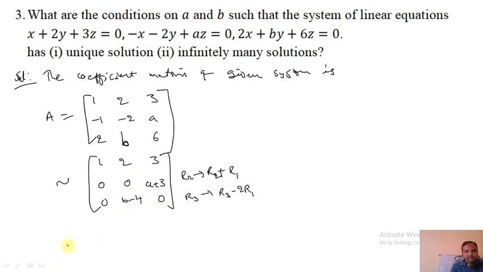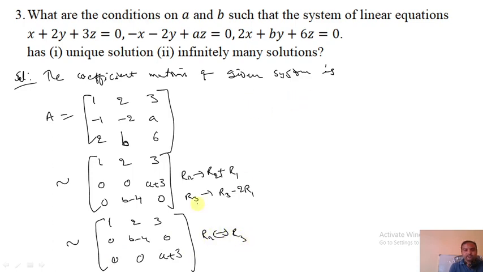It's not echelon form yet. Just when you interchange R2 and R3, it's converted to echelon form: 0, b minus 4, 0, and 0, 0, a plus 3. Now it's echelon form.